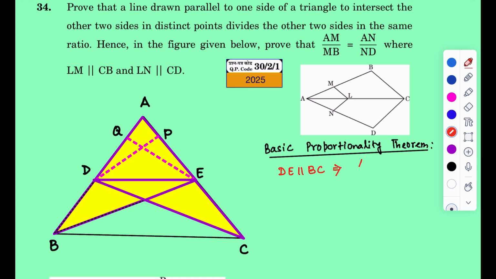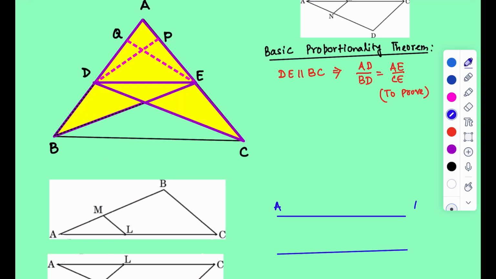Before going to prove it, we have to recall what we studied in class 9. Suppose these two are parallel lines. This first line is AB, and another line parallel to it is CD.